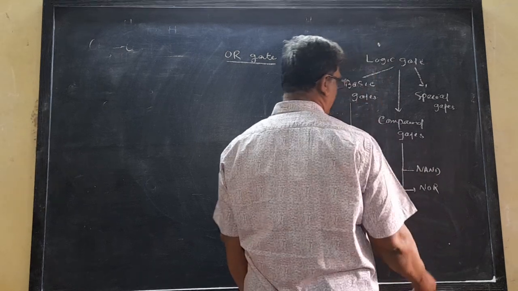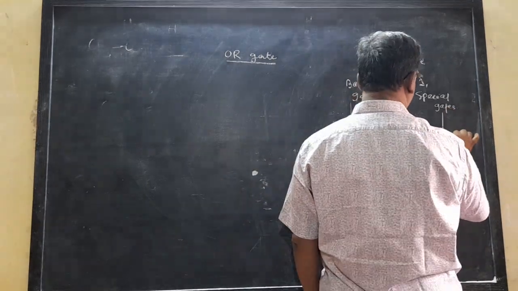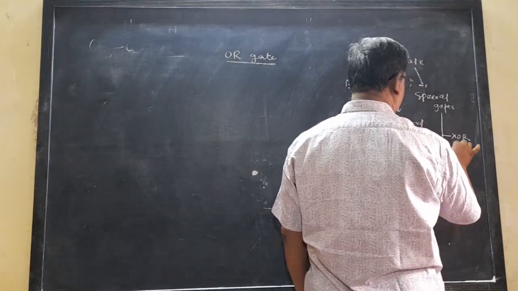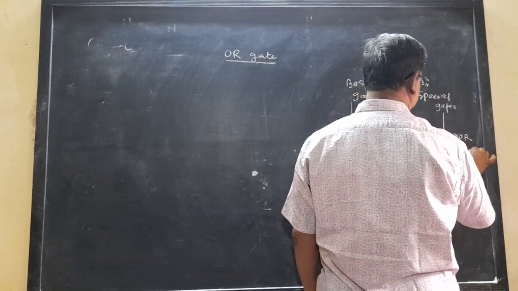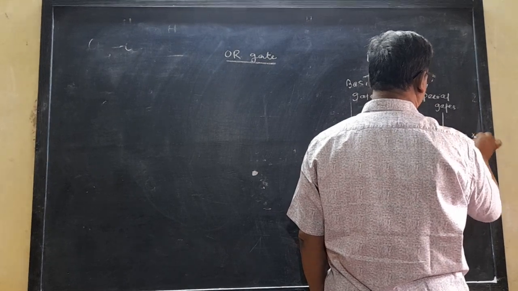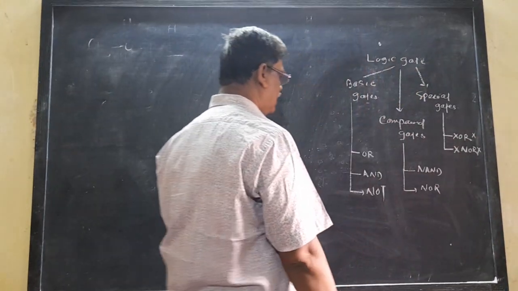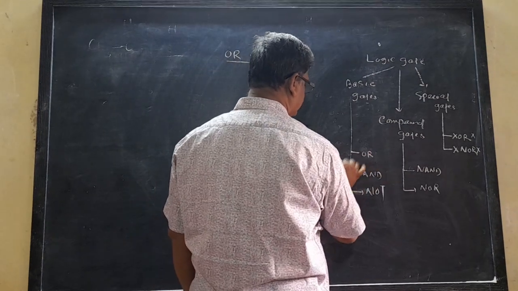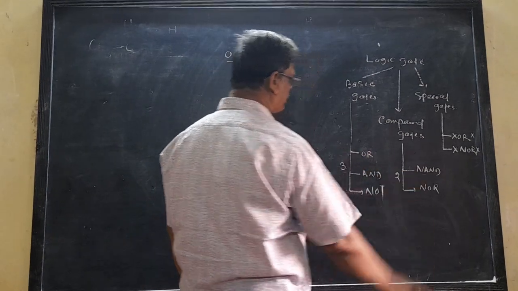The special gates are the XOR gate, exclusive OR, and exclusive NOR gate. This is not in your syllabus. So we only discuss these 5 gates, 3 basic gates and 2 compound gates.